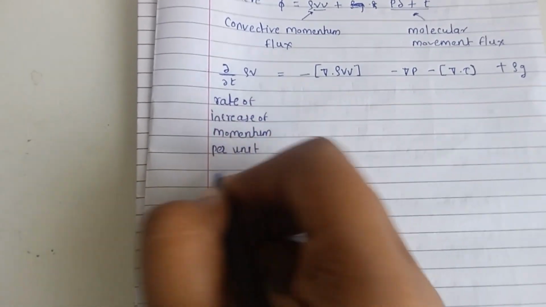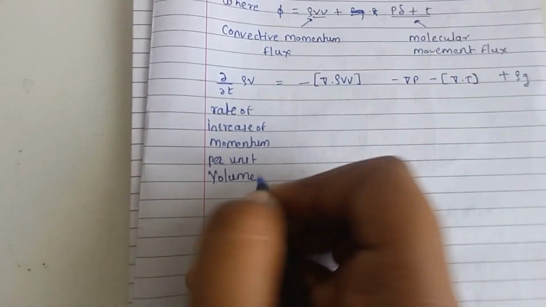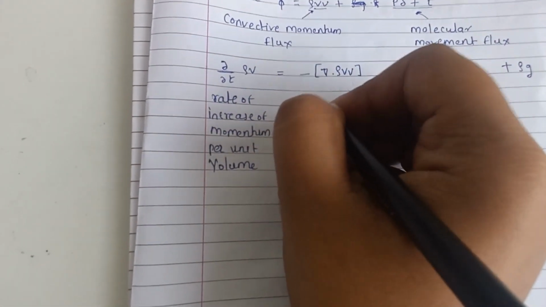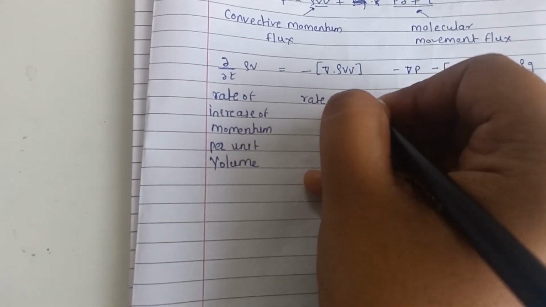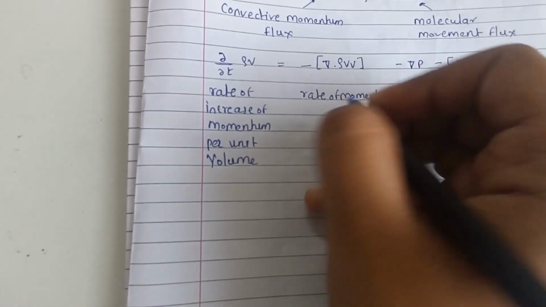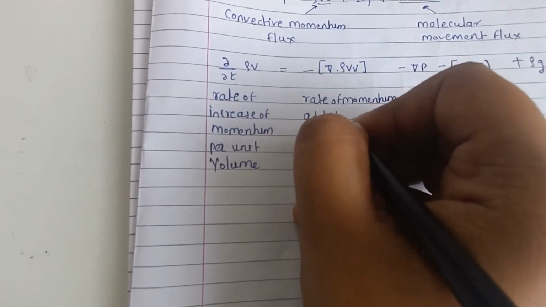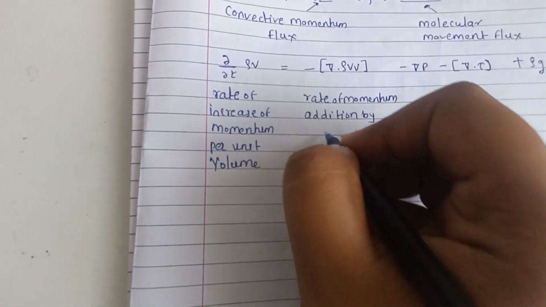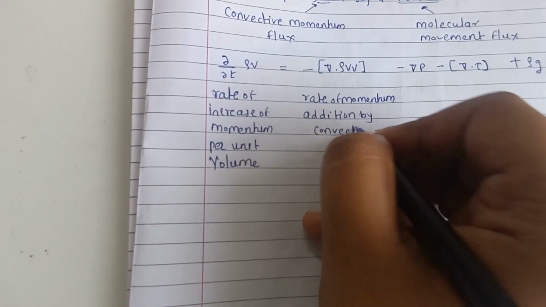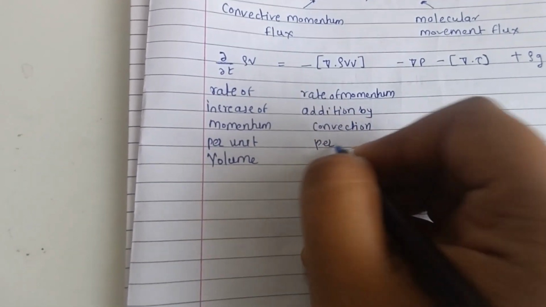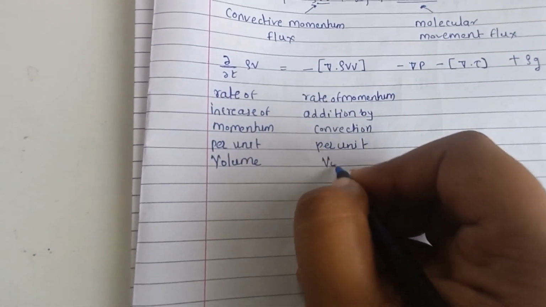Here del by del t of rho v is equal to the rate of increase of momentum per unit volume, and del is the del operator. Del dot rho v v is equal to the rate of momentum addition by convective flux per unit volume.